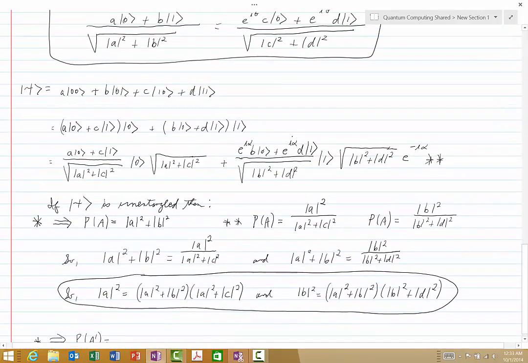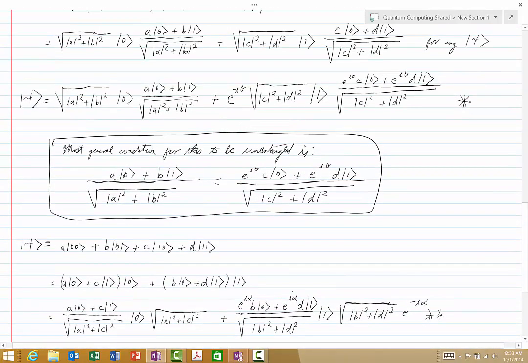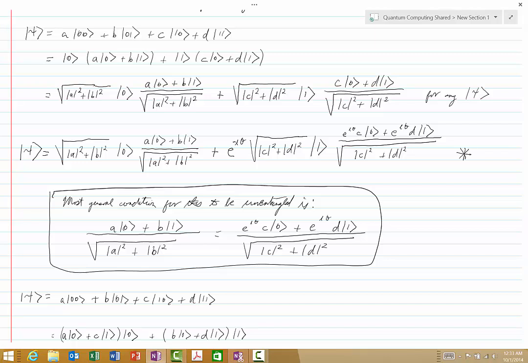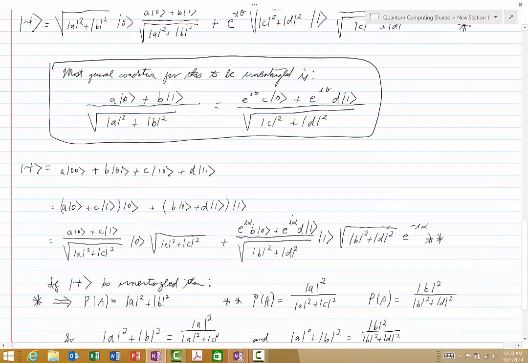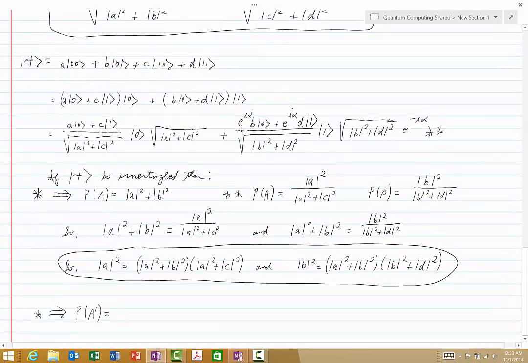Well, if we go to the equation star, we see that the probability that Alice measures a 1 is this entire term here, e to the minus I theta times the square root of the magnitude of c squared plus magnitude of d squared, that entire term times its complex conjugate. So the e to the minus I theta and e to the positive I theta go out, and we're just left with magnitude of c squared plus magnitude of d squared.